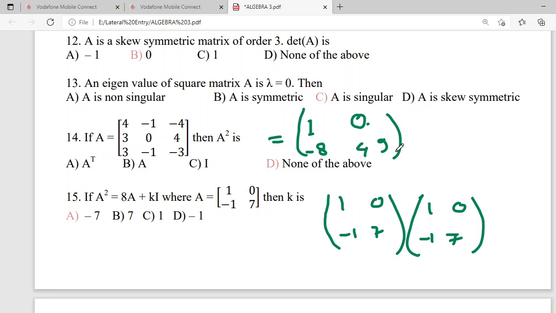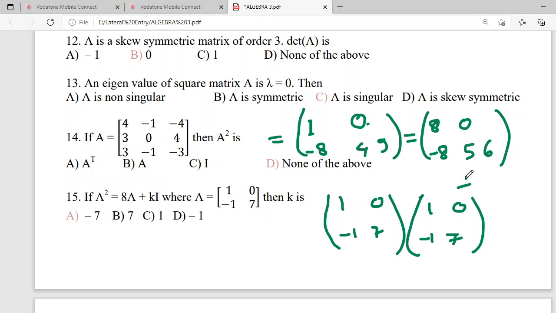So this is A squared, and A squared is equal to 8A plus kI. 8A means 8, 0, minus 8, and 56.